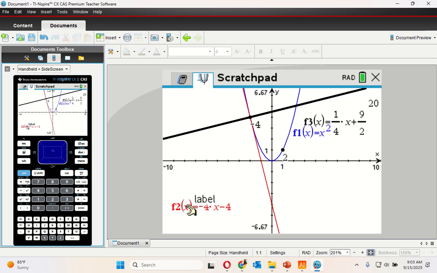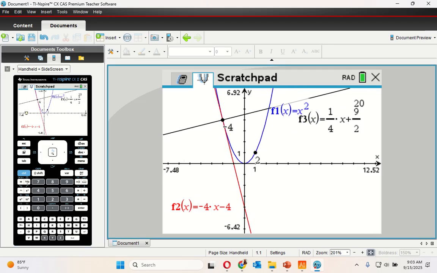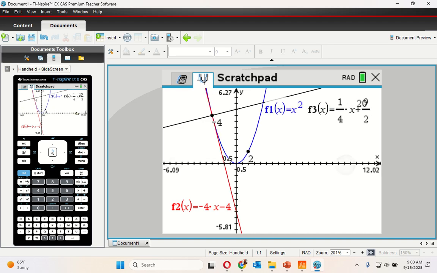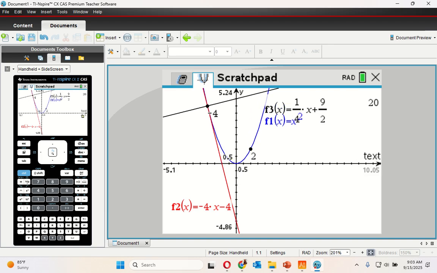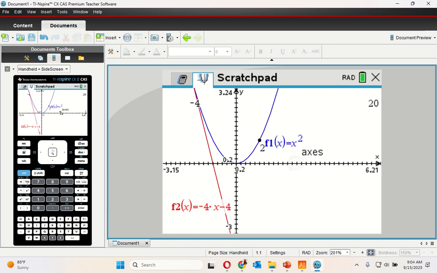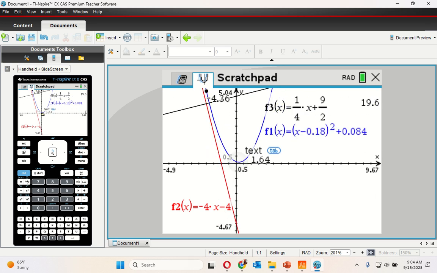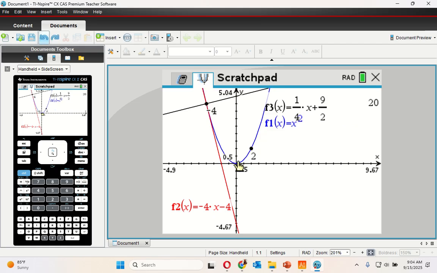I don't know what happened. I screwed it up. Okay, anyway. But yeah, perpendicular right there. And that's what a normal line is. It's perpendicular to the tangent.